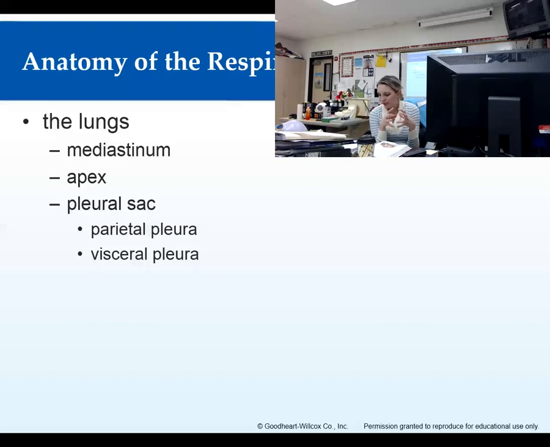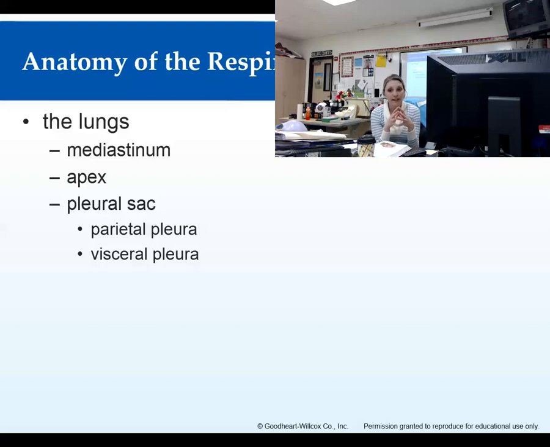So that's their consistency. Now the mediastinum, okay, media, middle, this is actually the area kind of between the lungs. So you'll hear it's a cavity. We can call it a cavity, kind of like your thoracic cavity. The mediastinum is a cavity within that, and it contains the heart and the major blood vessels.